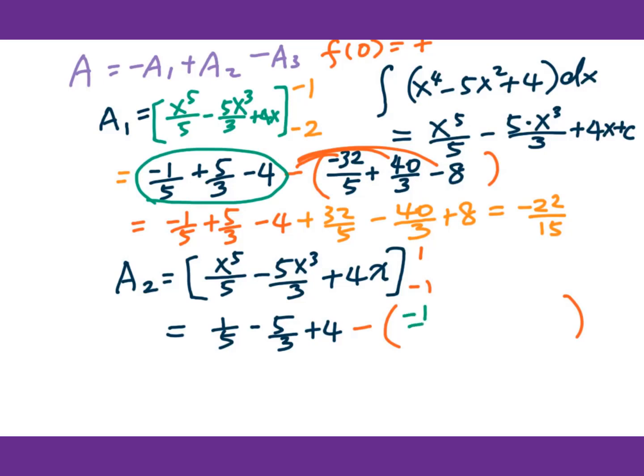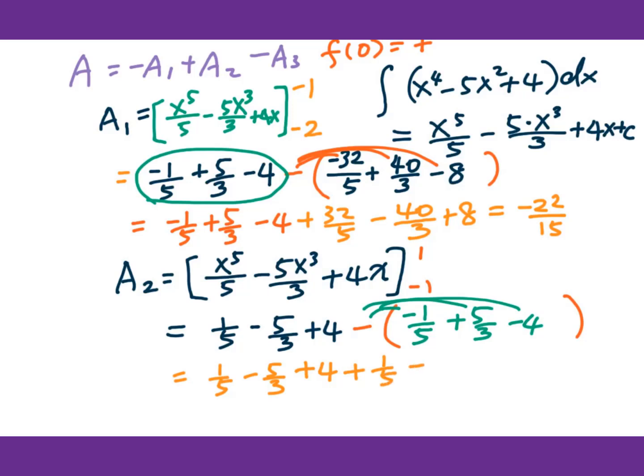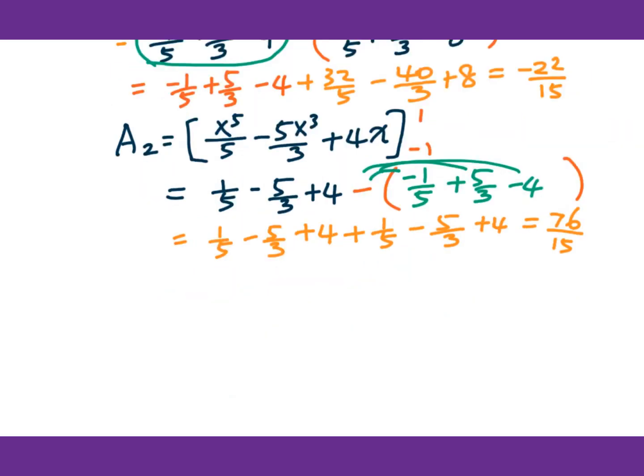So we get negative 1 over 5 plus 5 over 3 minus 4. Do the distributive property. You will get 1 over 5 minus 5 over 3 plus 4 plus 1 over 5 minus 5 over 3 plus 4. You put this together, you will get 76 over 15.